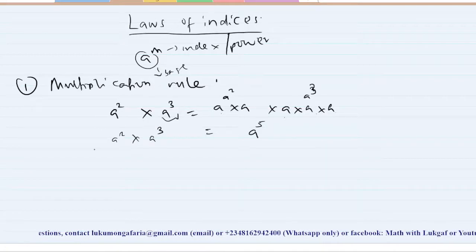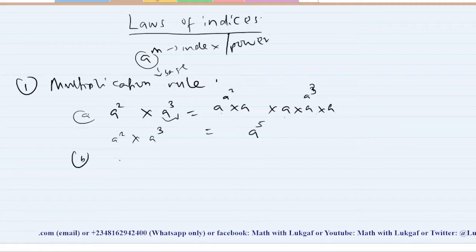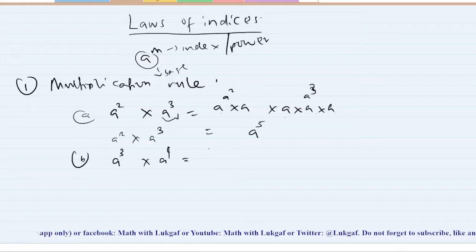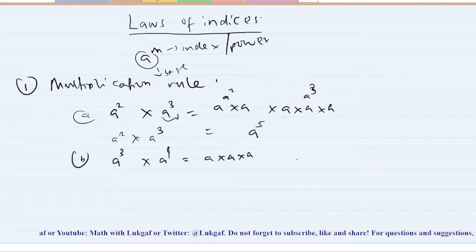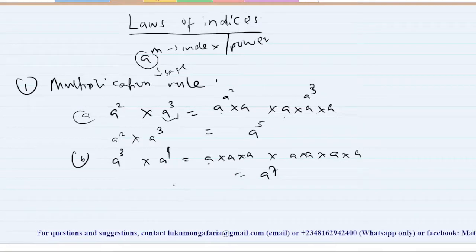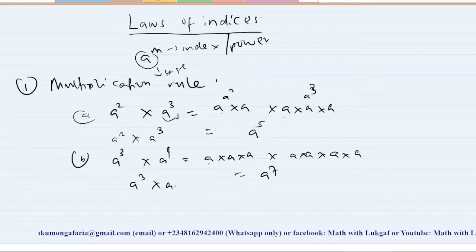Likewise, let's say I have a raised power 3 multiplied by a raised power 4. Similarly, that will give you a times a times a times a times a times a times a. If you count it together, 1, 2, 3, 4, 5, 6, 7, I have a raised power 7. What do you observe?